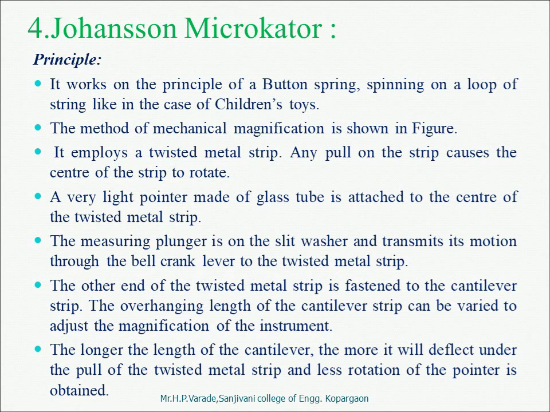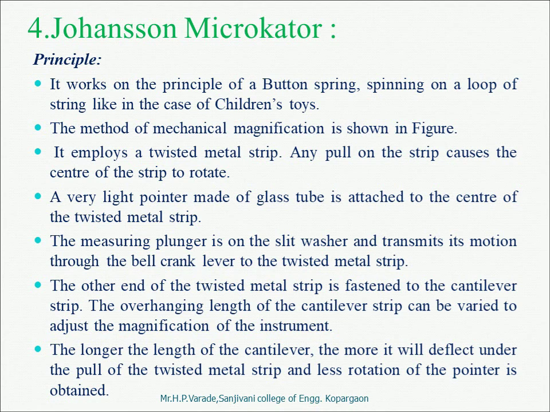Any pull on the strip causes the center of the strip to rotate. A very light pointer made of glass tube is attached to the center of the twisted metal strip. The measuring plunger is on the slit washer and transmits its motion through the bell crank lever to the twisted metal strip. The other end of the twisted metal strip is fastened to the cantilever strip.